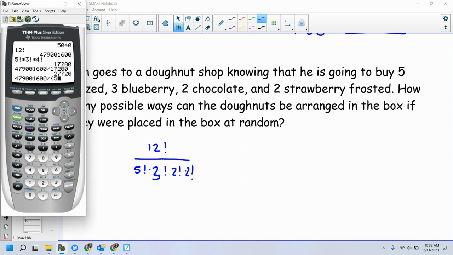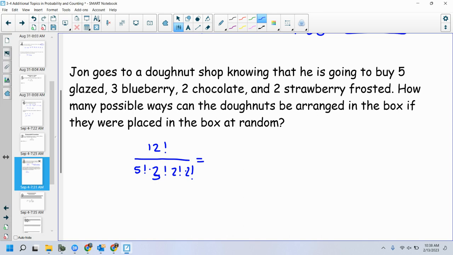We got 5 factorial times 3 factorial times 2 factorial times 2 factorial. That's 166,320.